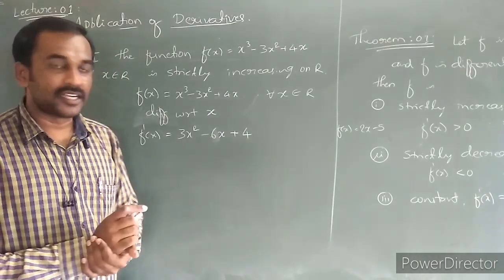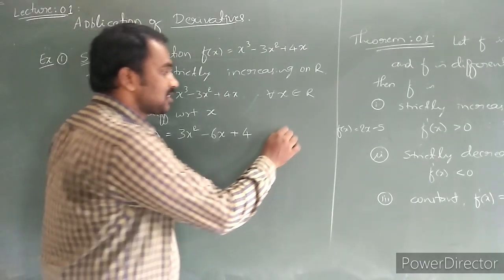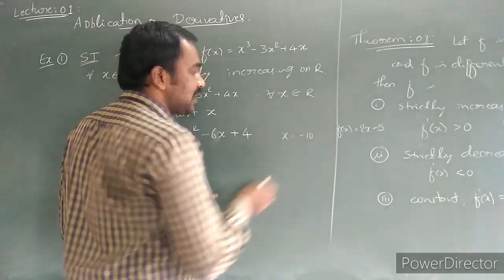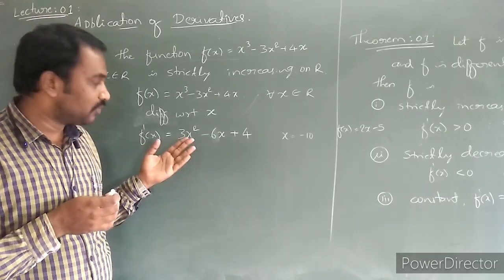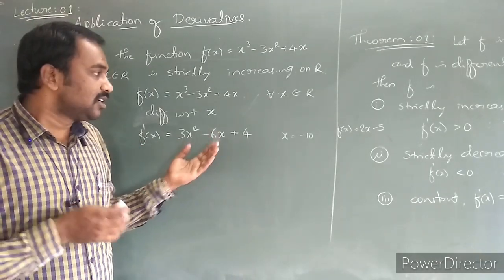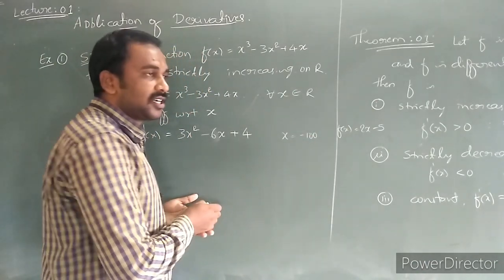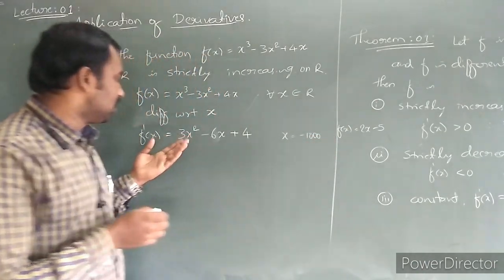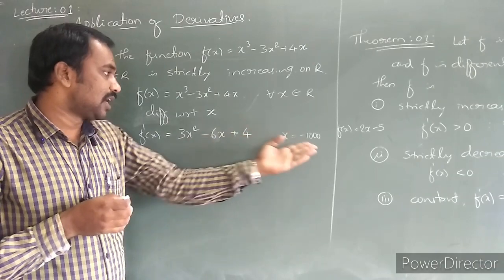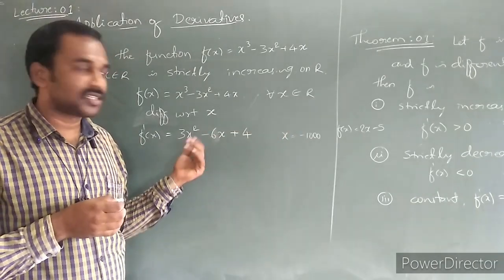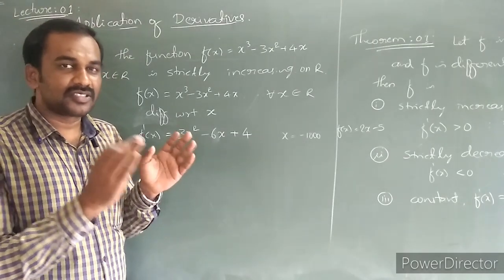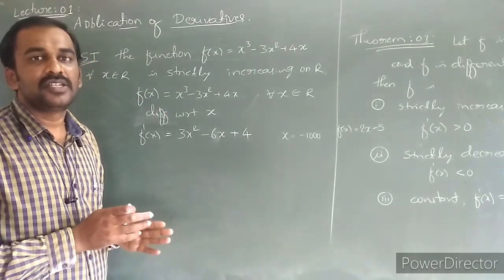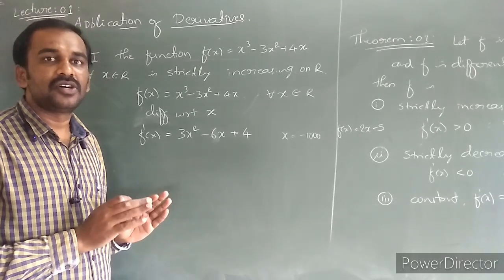Directly we cannot say that, because suppose I replace x equal to minus 10, we have to simplify to conclude whether it is positive or negative. Or if I take 100 or 1000 square into minus 6, we have to simplify. So it will be a little time consuming. On seeing the function, we have to decide whether it is positive or negative.